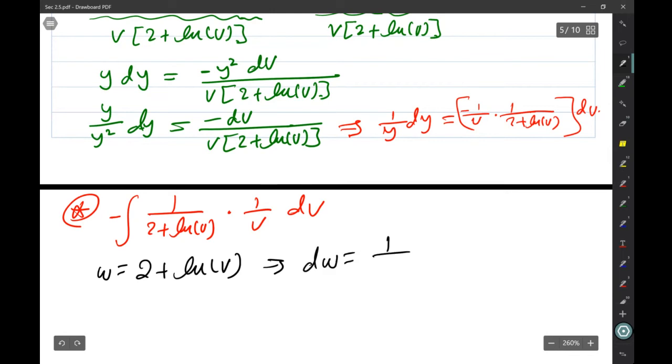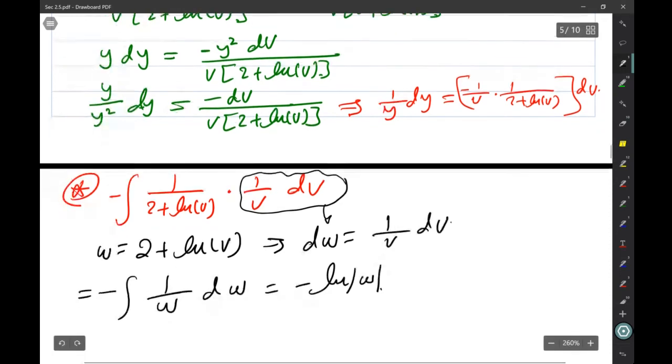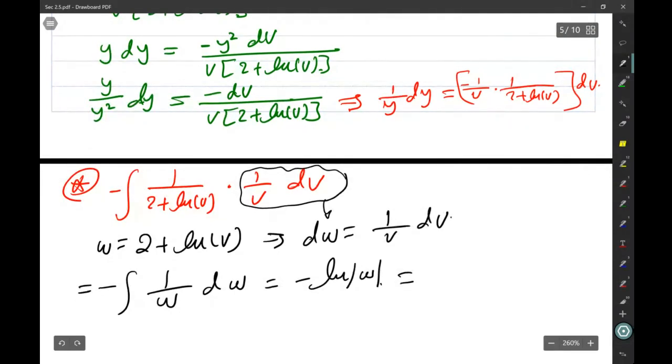dW is equal to 1 over V dV, because it exists here. So this integral now becomes minus integral 1 by W dW, which is minus ln absolute W. Replace the W back, it becomes minus ln of 2 plus ln LV.